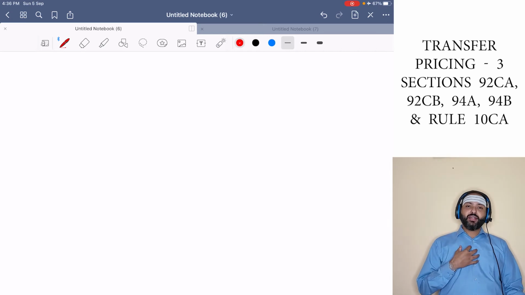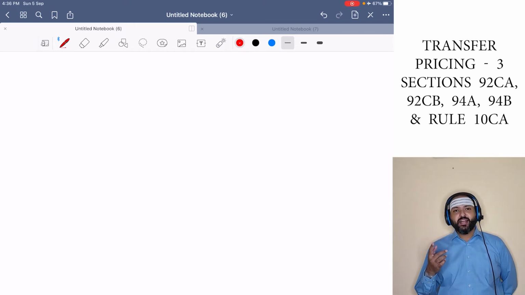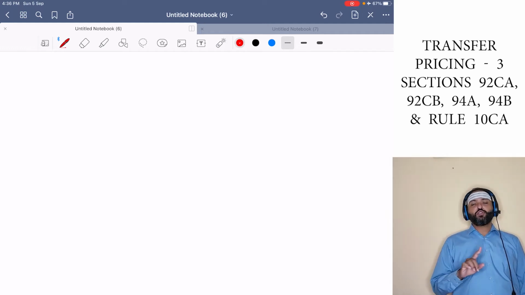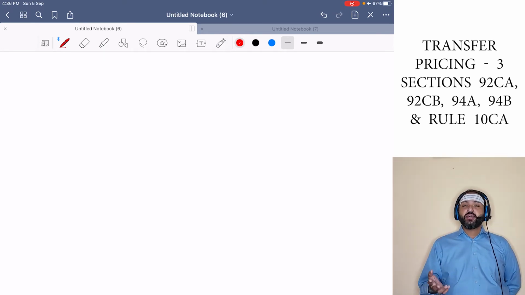For example, your transaction price is 100. His price is 120. Because of this, there is a 20 lakh rise in the income. Suppose you are a 100% 10AA person, a SEZ involved in 100% export business. You are eligible for 10AA to the extent of export turnover by total turnover. Now he has raised your returned income.